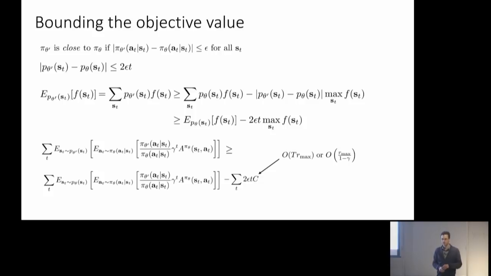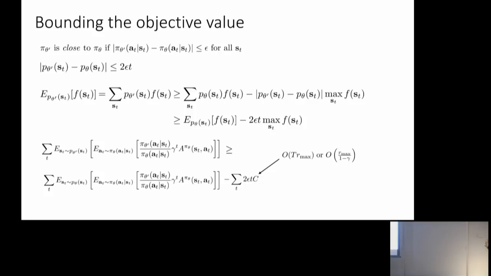Why don't you multiply it with t again? Like t divided by 1. So the question is, why don't I multiply what by t? Like instead of R max divided by 1 minus gamma, the same thing multiplied by t. Oh, okay. So let me walk through this a little bit. Let's say that you pay a price of R max every step, right? So you say, I'm going to pay R max on the first time step, I'm going to pay R max on the second time step, and on the third, and so on.